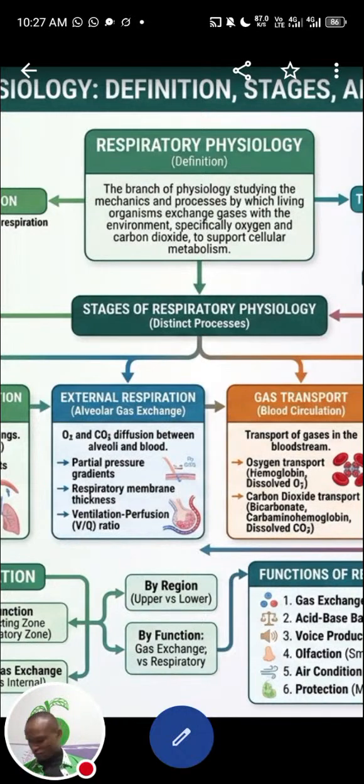T is transport stage, and P is passive stage. Some people call it tissue stage, so you can say VETT or VETP. If you call it passive stage, some textbooks majorly call it tissue stage. All right, let's just get that.